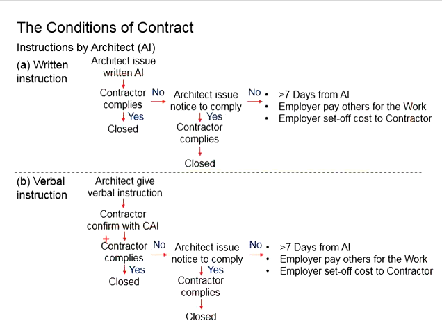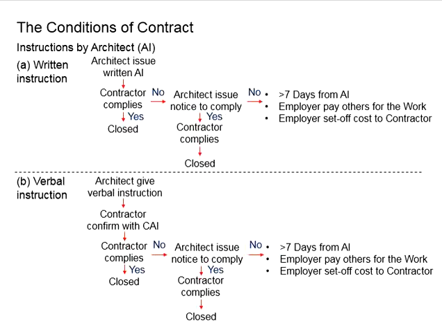The contractor will need to comply. If not, architect can issue a notice asking the contractor to comply. If the contractor is still reluctant to comply, there will be actions can be taken by the employer, and the relevant costs will be charged to the contractor.